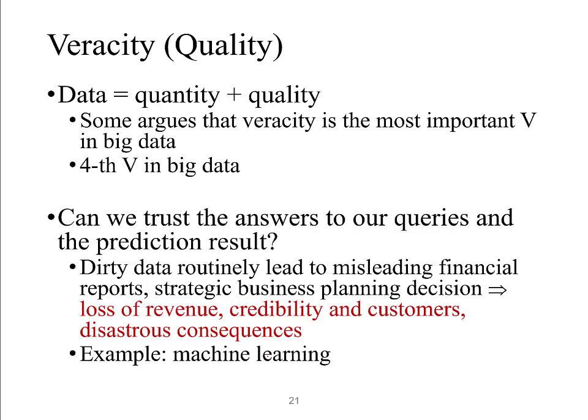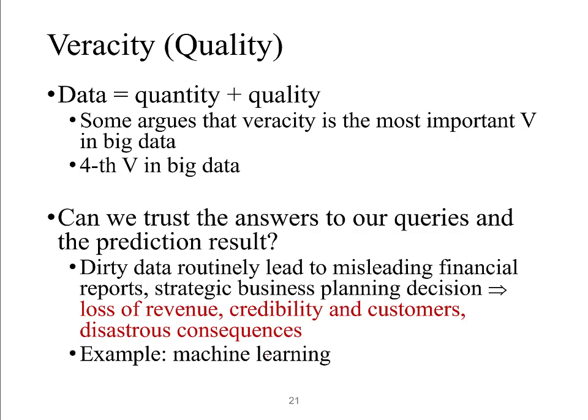But if the quality of the data is not good, then it is meaningless to have that much data. Therefore, we want data that is real and representative, such that more data would lead to more reliable models, and therefore better results in big data management, in big data applications.